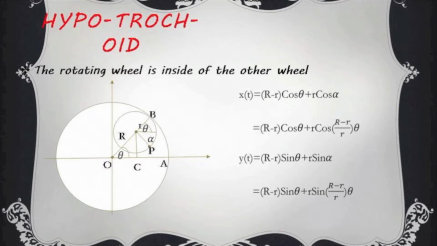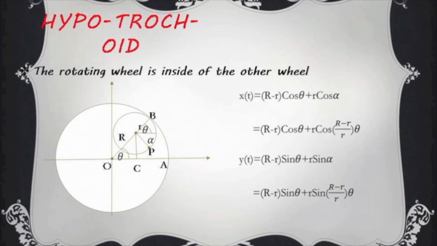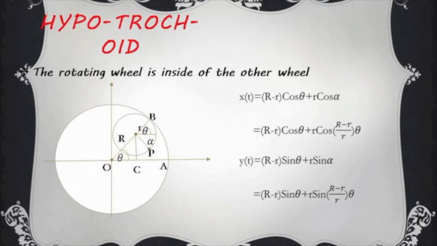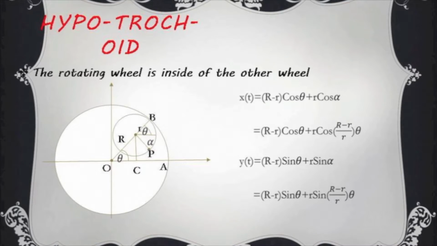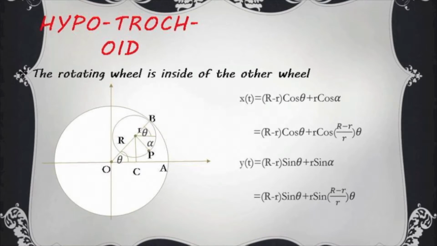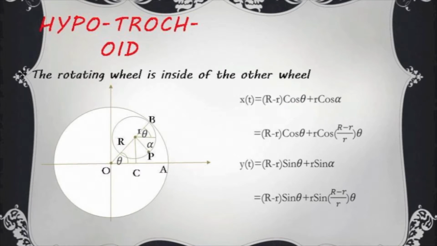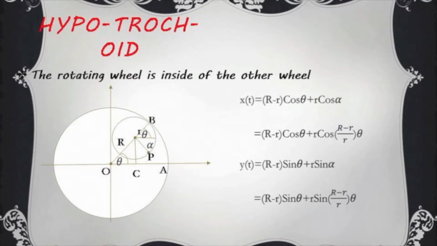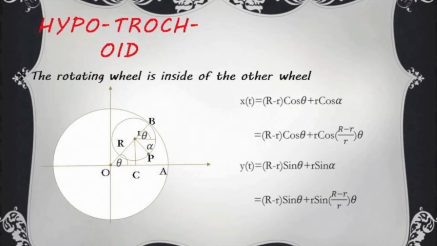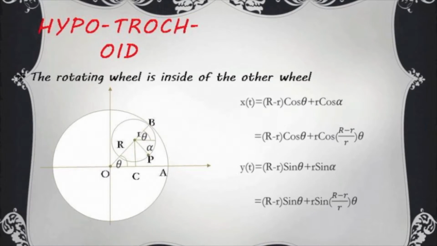In these slides, we are going to find the parametric equations. So first, we'll start with x(t). From the picture, we know that x(t) equals (R minus small r) cosine theta plus small r cosine alpha. So x(t) equals (R minus small r) cosine theta plus small r cosine of ((R minus small r) over small r times theta).